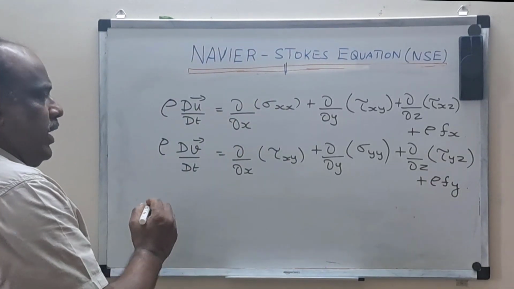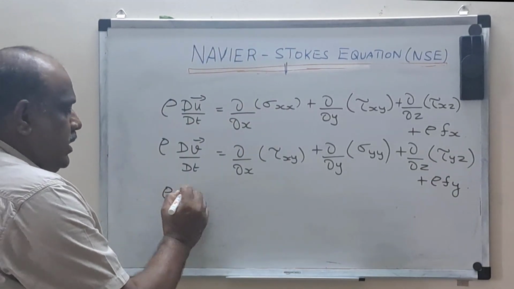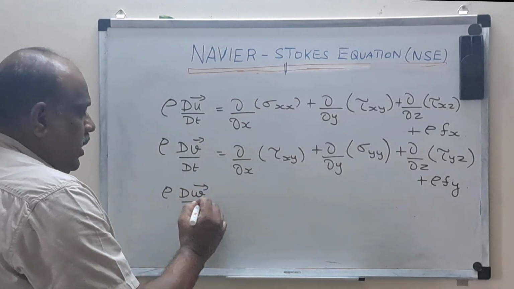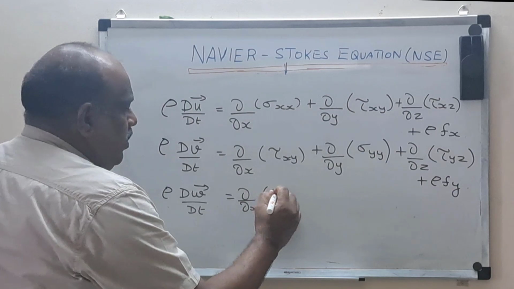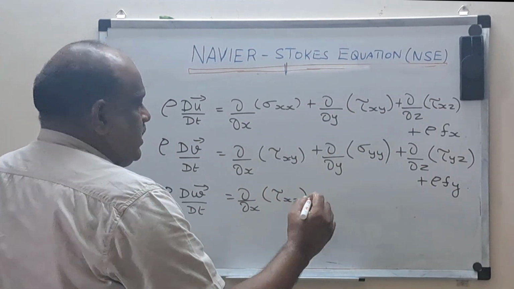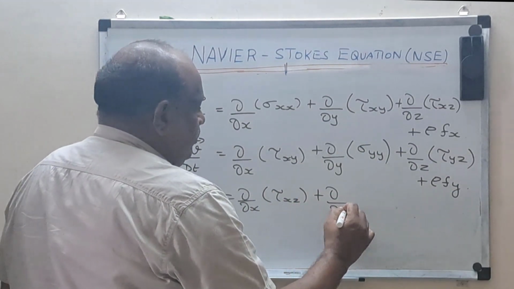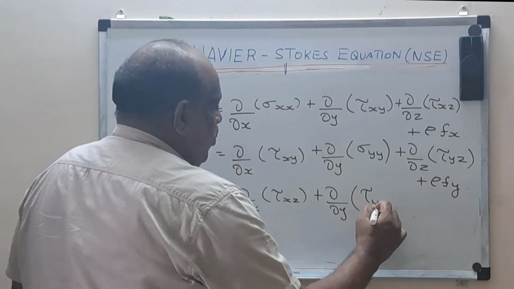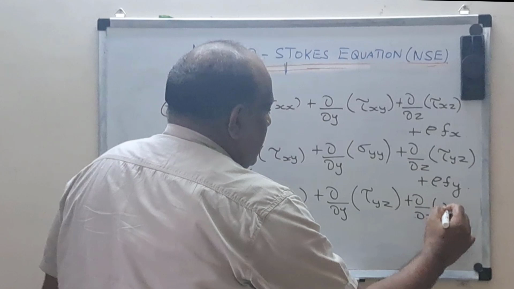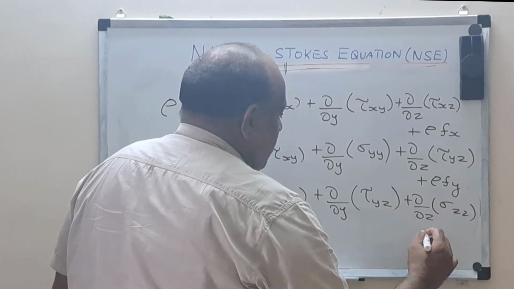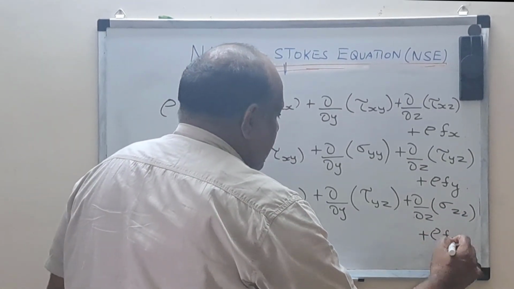And for the z momentum equation, rho into dou w by dou t will be equal to dou by dou x of tau xz plus dou by dou y of tau yz plus dou by dou z of sigma zz plus rho into fz.